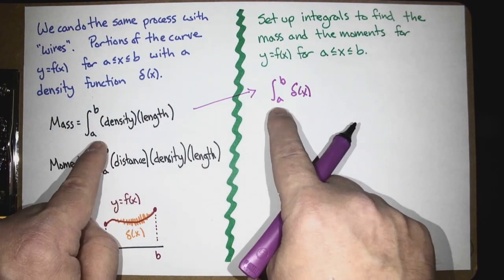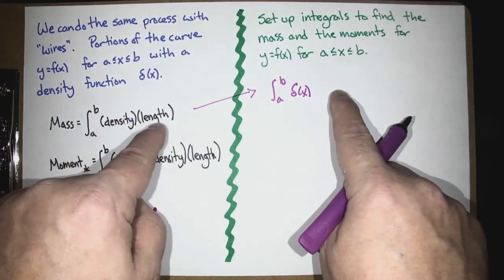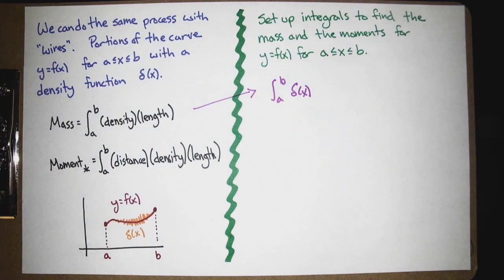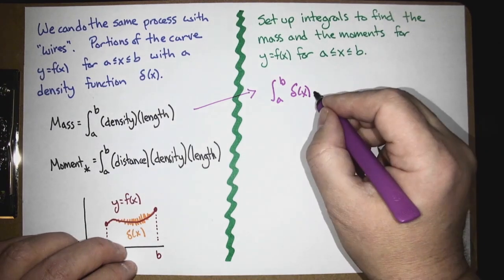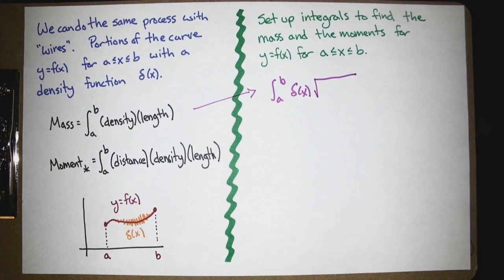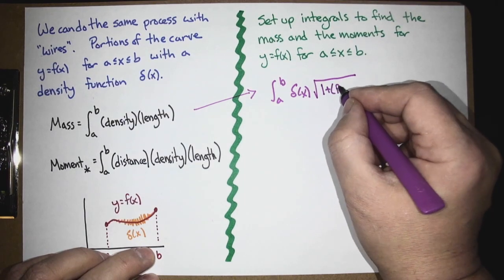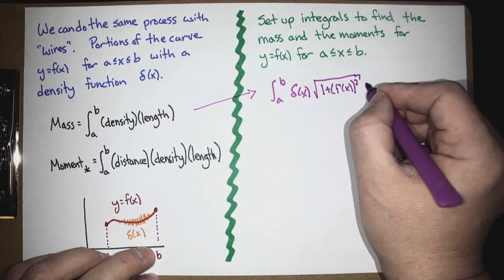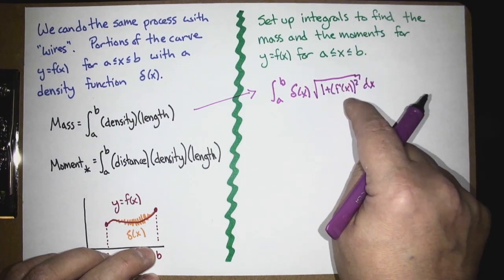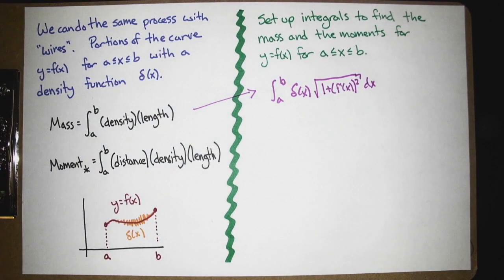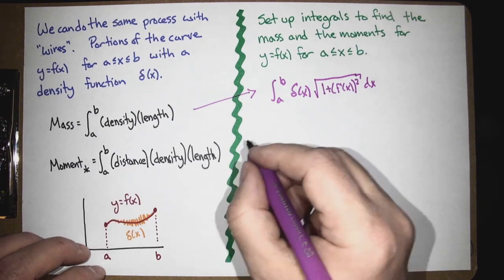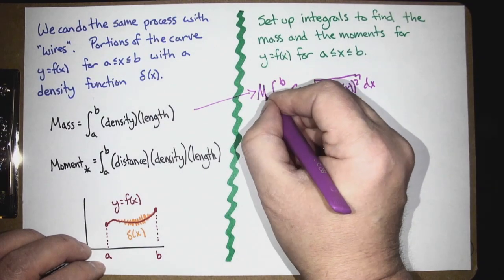So, go from a to b, density, what's the length? Okay, what's our length? A square root is involved. Very good. Square root of what? 1 plus f prime of x squared dx. Density, length. Add it up. Okay, how about moment? Well, okay, so this is our m.